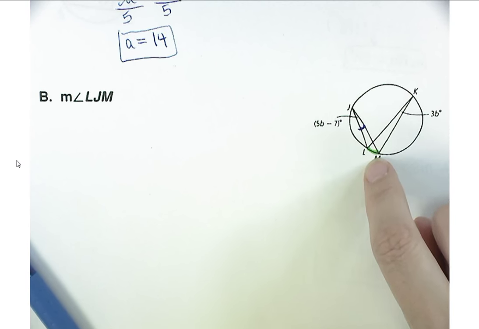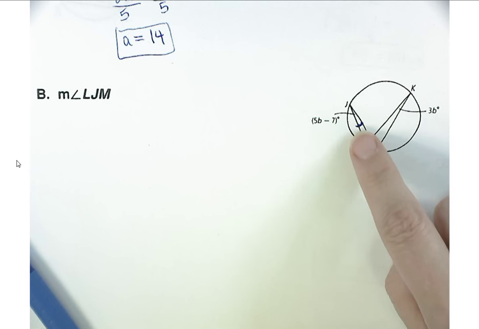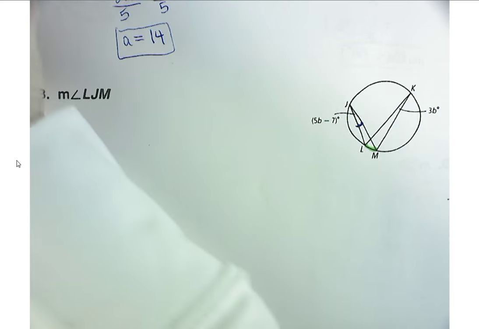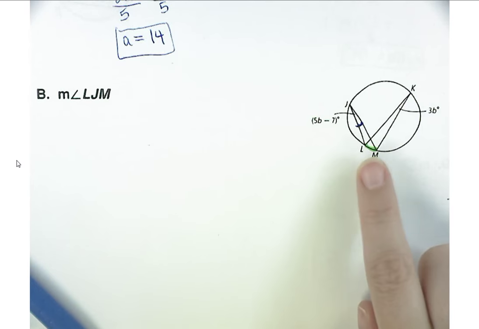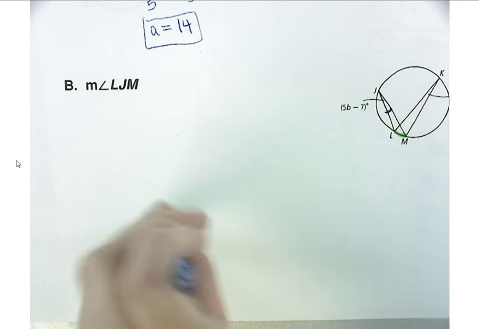Yes, so this angle is going to intercept this same arc. Okay, so if this is 3B, this is going to be double that. Okay, and that means that both of these together are going to be equal. So if they intercept the same arc, then these two have to be equal.